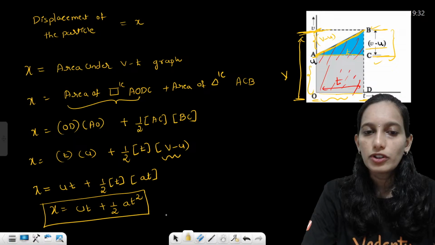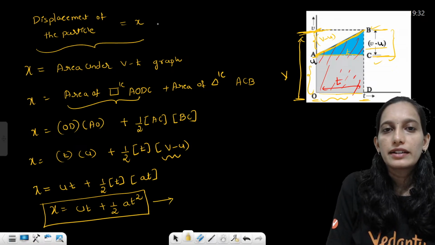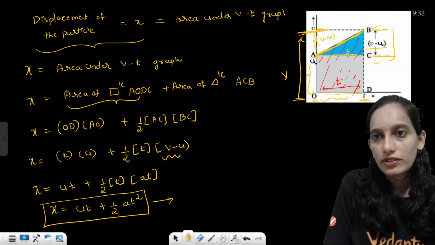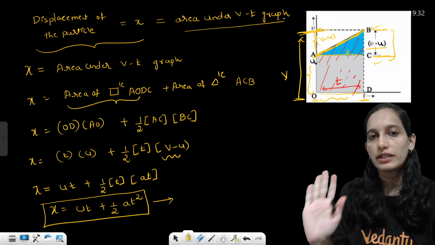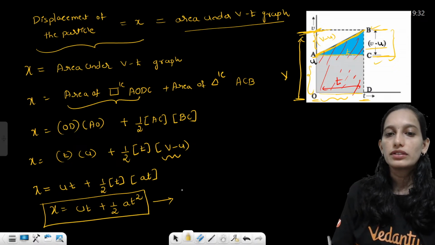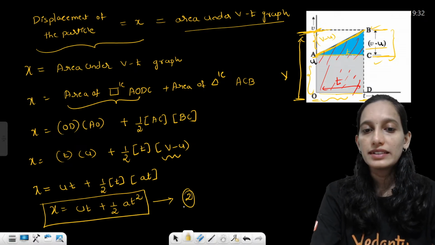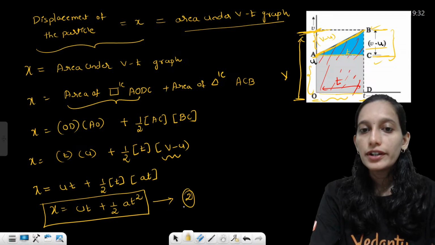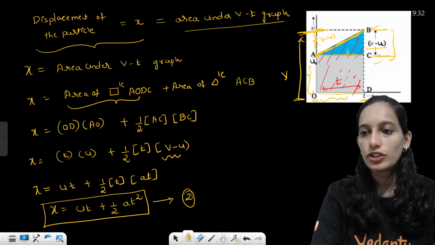In the next step, we considered the displacement of the particle X, which is equal to the area under the VT graph. We found the area under the velocity time graph, and that gives us the second equation of motion: X is equal to UT plus half AT square. Is that clear? So this is the second equation of motion.